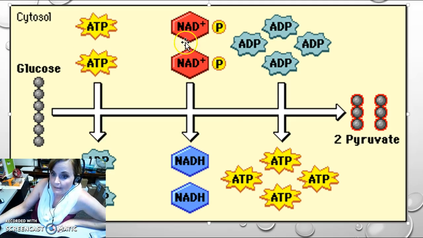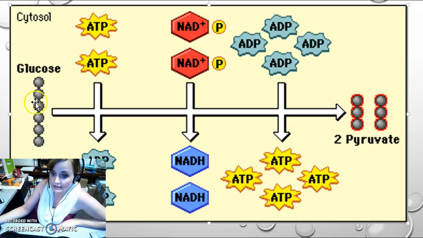The stuff at the top are the inputs, the stuff at the bottom are the outputs, and then you follow the white line, and that's telling you what happens to the glucose. So what happens in the process of glycolysis is that glucose is split. Glycolysis literally means you're lysing, or splitting, glucose.